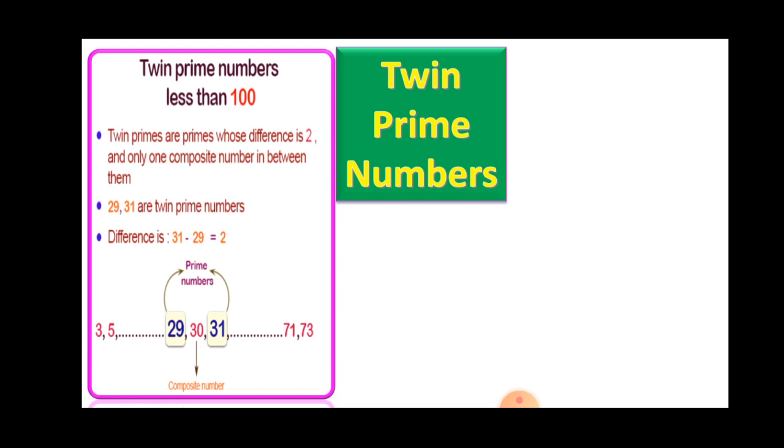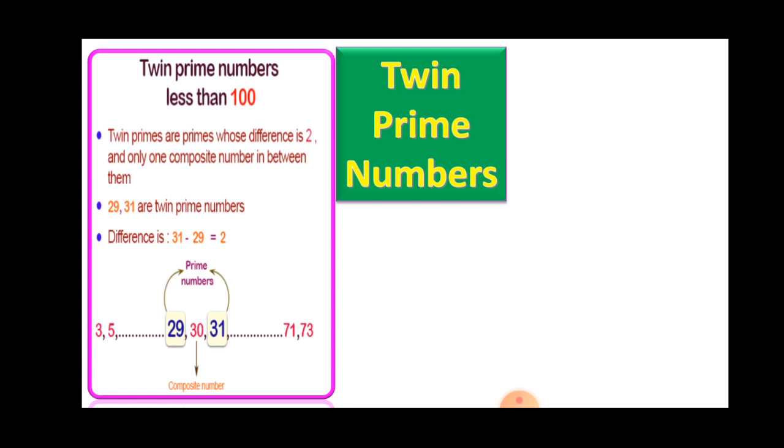So let's say the numbers are 29 and 31. These are a pair of odd prime numbers. So we have taken a pair of odd prime numbers as 29 and 31, and we can even see that the difference between these two odd prime numbers is equal to 2. So we can say that 29 and 31 are twin prime numbers.